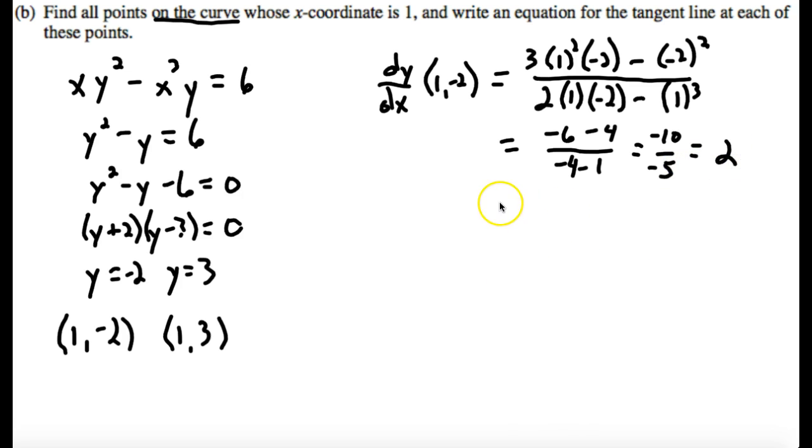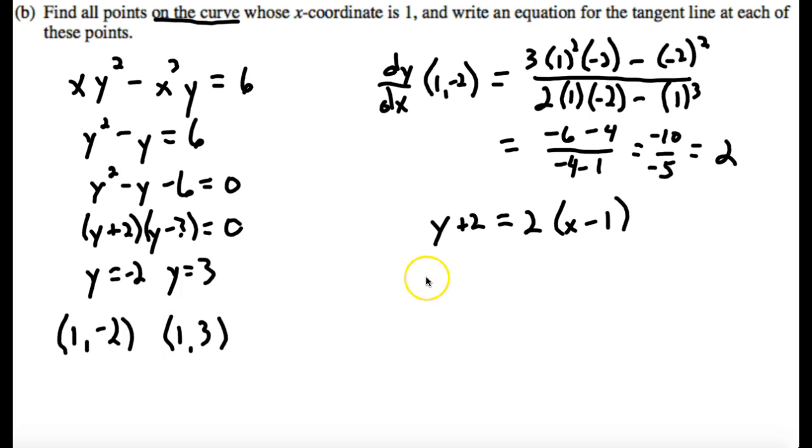Right, so for my first tangent line, remember I'm going to have to write 2 of them here. I've got the slope at the point (1, negative 2) is 2. So this tangent line will be y minus negative 2, so y plus 2 equals my slope of 2 times x minus 1. Okay, that's my first tangent line.